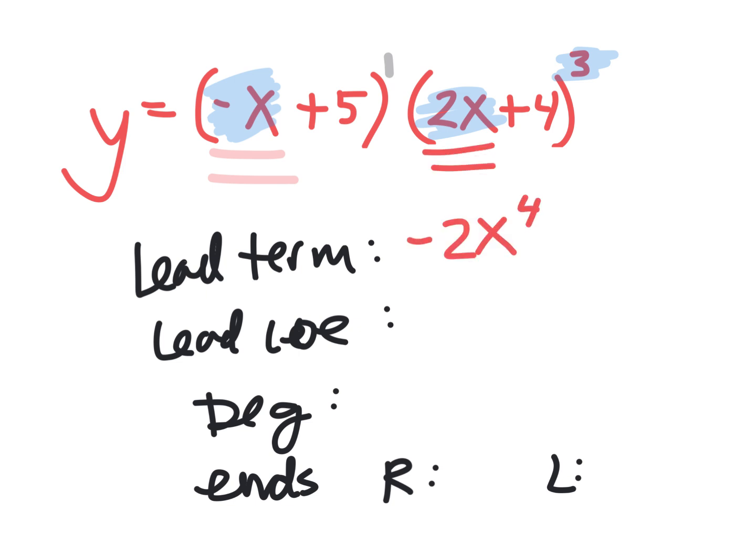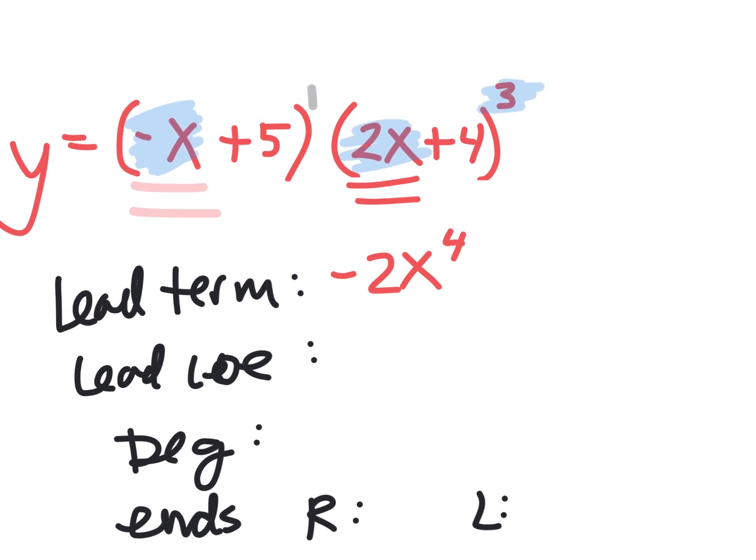And if you have that, I totally get it because I do it myself sometimes. That 2 is to the 3rd. It's not 2. It's 2 to the 3rd, which really means 2 times 2 times 2, which is really 8. Who actually had negative 8x to the 4th? All right, I know I caught a lot of you on that. 2 to the 3rd is 2 times 2 times 2, which is 8.